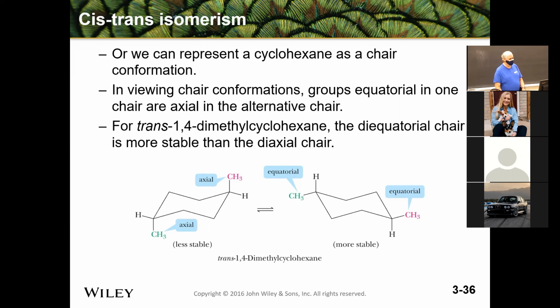Sometimes it's harder to recognize cis and trans when the groups are equatorial. There's a substantial difference in energy stability between these two equilibrium forms. The diequatorial is more stable.